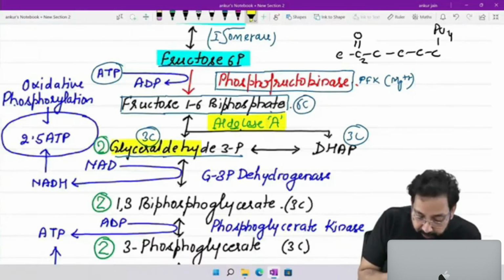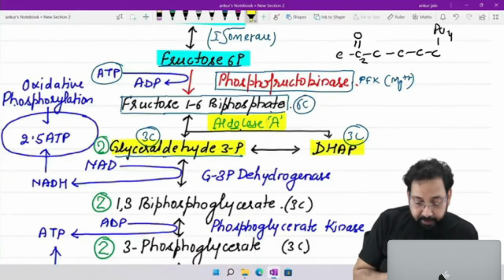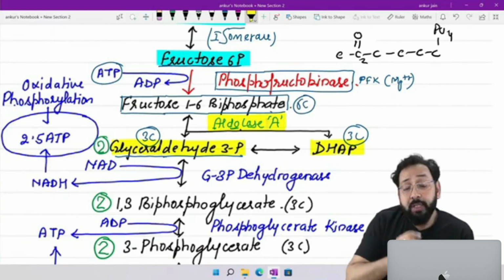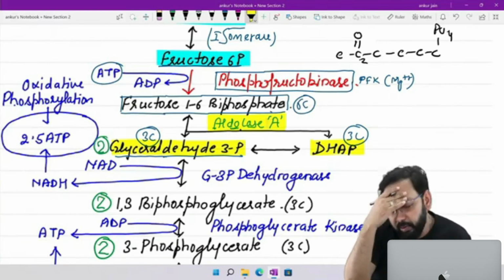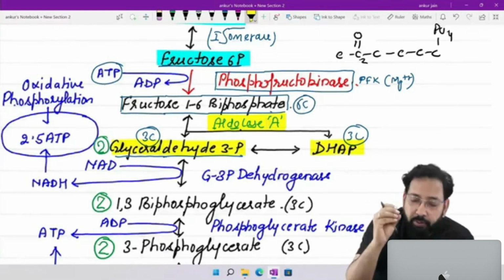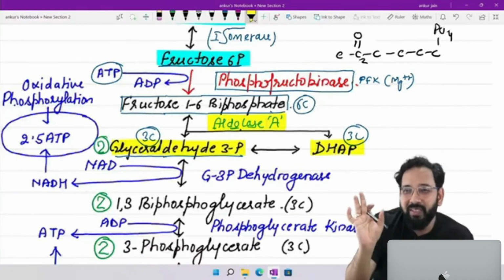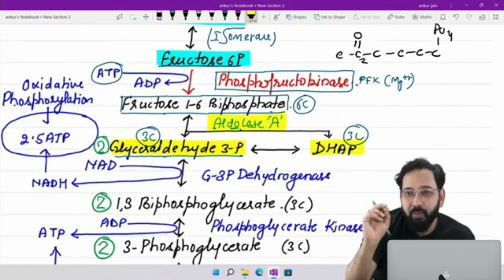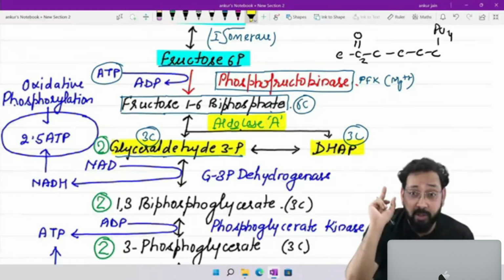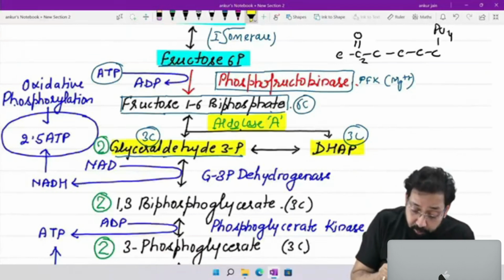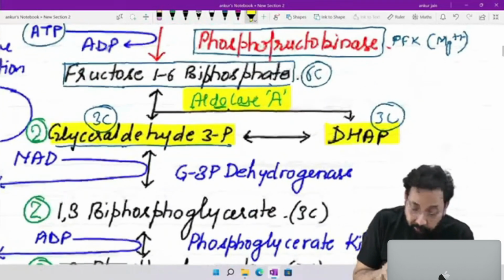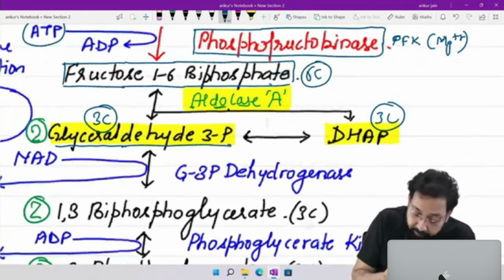So glyceraldehyde 3-phosphate and DHAP. If you see the structure of glyceraldehyde 3-phosphate and DHAP, you will find they are isomers. No need to remember the structure, no question till now, but you must have an idea. Yes, they are isomers. That's why the name of the enzyme would be isomerase.